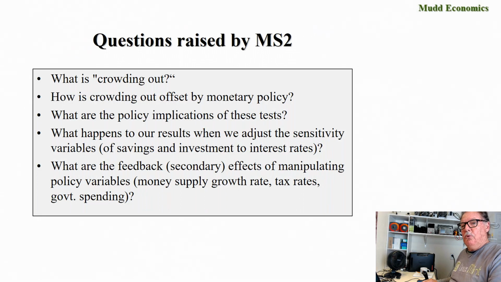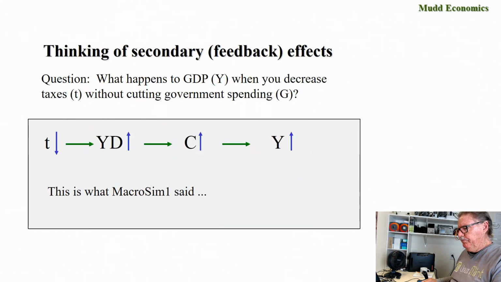Finally, and far more important, because we didn't get this in Macrosim 1, what are the feedback or secondary effects of manipulating policy variables like the money supply growth rate, tax rates, and government spending? Now, what I'm saying there, or asking there, may not be very clear to you. When I say what are the feedback effects or the secondary effects, let me show you by a diagram what I mean by that.